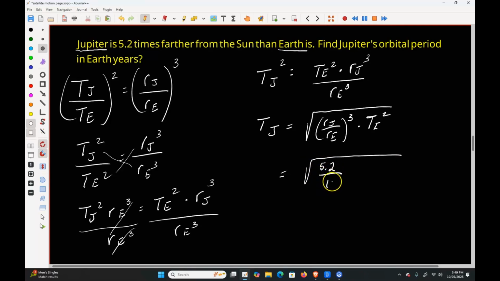The Earth is 1 unit. The Earth's period is 1.0 years. So I get the square root of 141, which rounds off to 12 years.